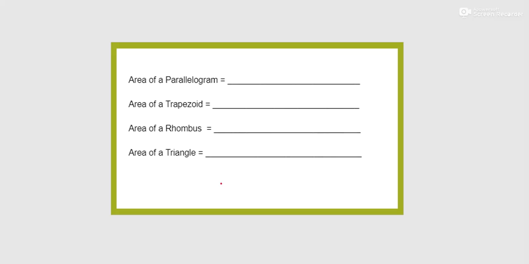So there are different formulas, I like to say, or equations we can use to find what our area is of a parallelogram, a trapezoid, a rhombus, or even our triangle. So for a parallelogram, we say it is base times our height.